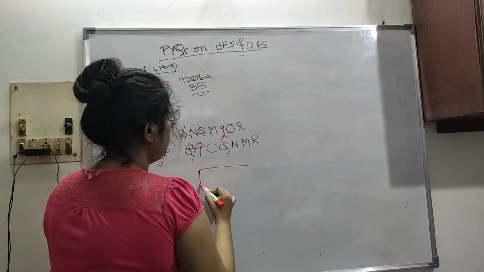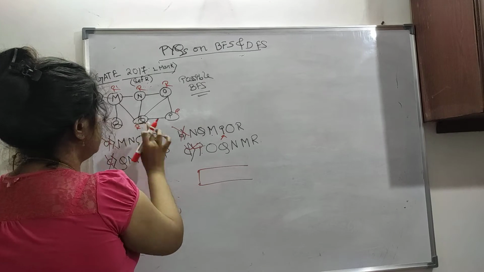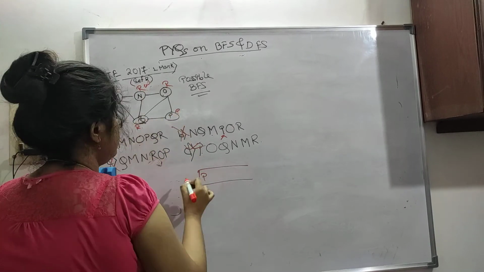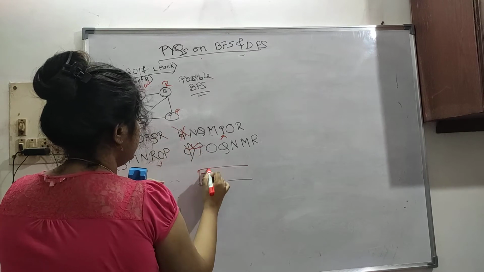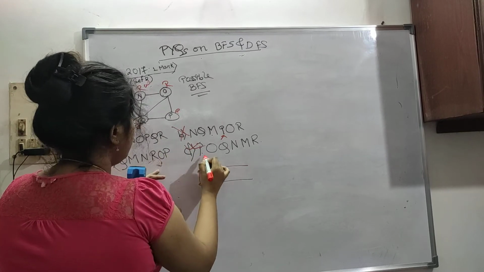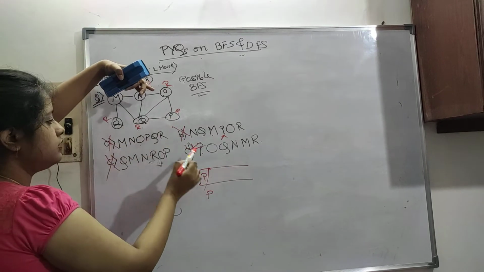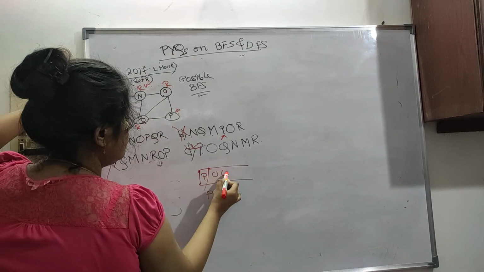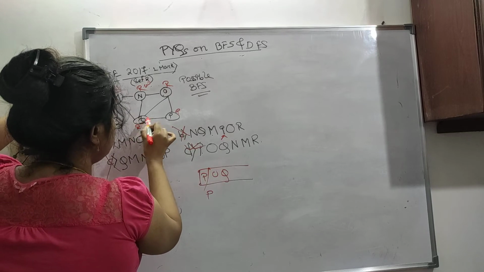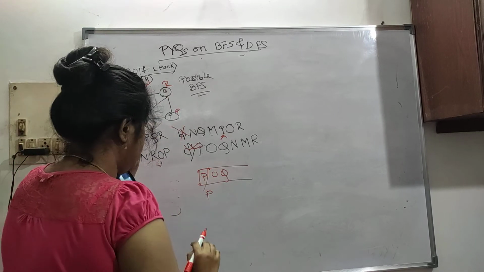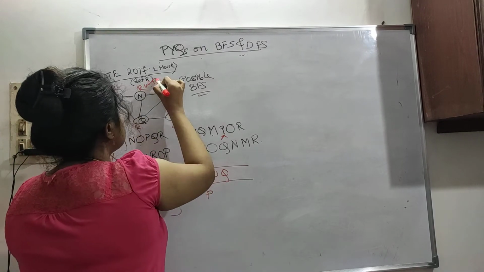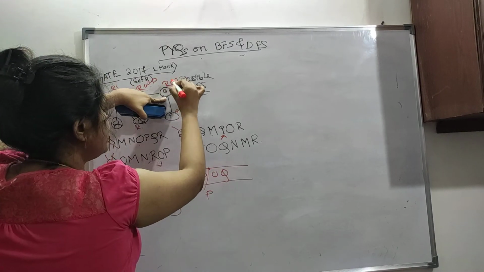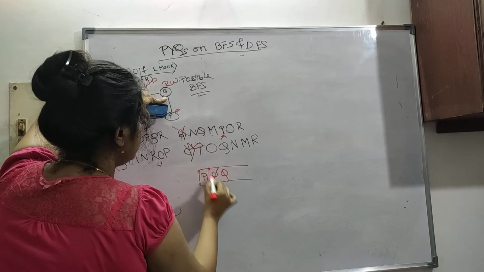So now P is our starting vertex. P is in waiting state, then P is deleted, then all the adjacent are in Q. So O is adjacent, Q is adjacent, then nothing, only these two. Then this is processed. Now take O, waiting, then O is deleted.